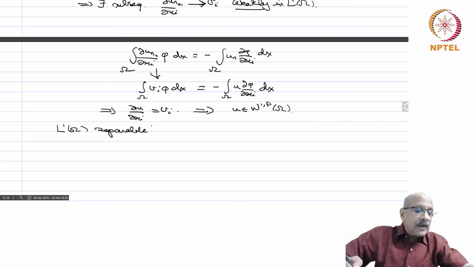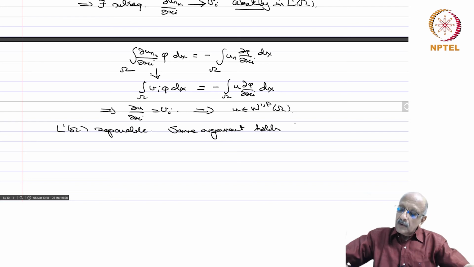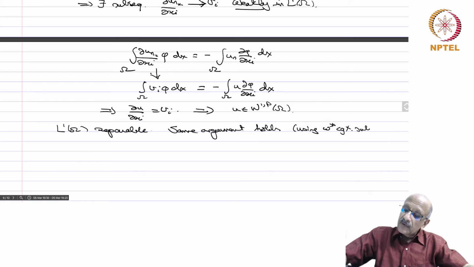So if something is bounded in the dual space, it will have a weak star convergent subsequence, and therefore the same argument holds, using the weak star convergent subsequence, for W^{1,∞}(Ω).